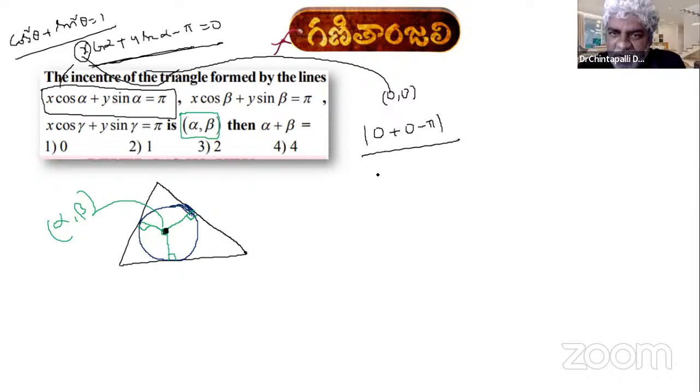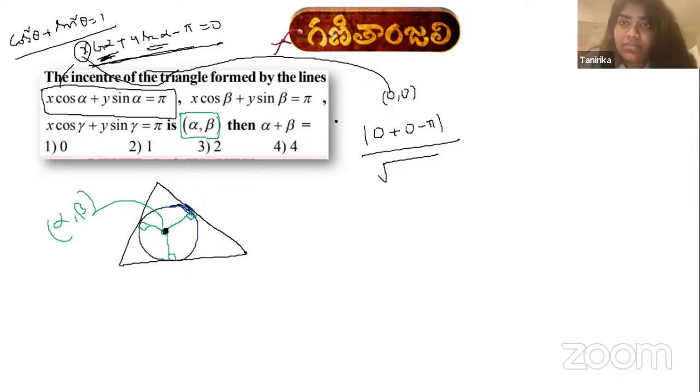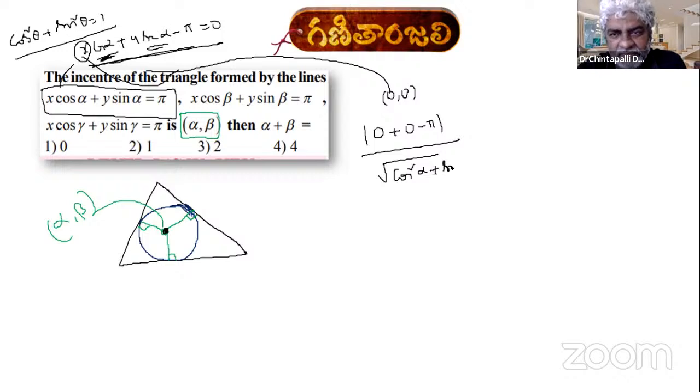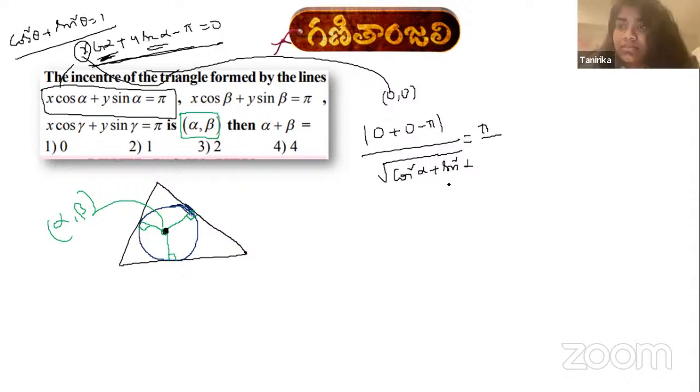By the square root of L square plus M square, where L is cos alpha and M is sin alpha, that is root of cos square alpha plus sin square alpha. Mod of minus pi is pi only. By the formula, cos square alpha plus sin square alpha is 1, and root 1 is 1. So it is equal to pi. So this distance is pi.